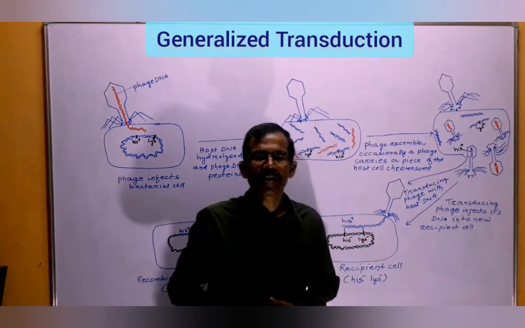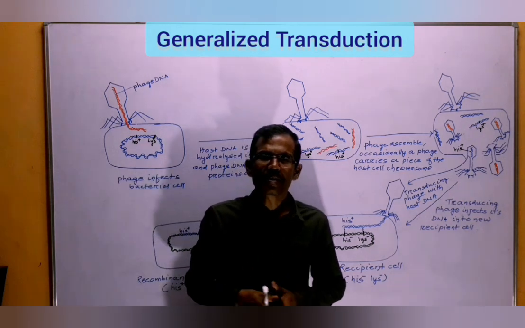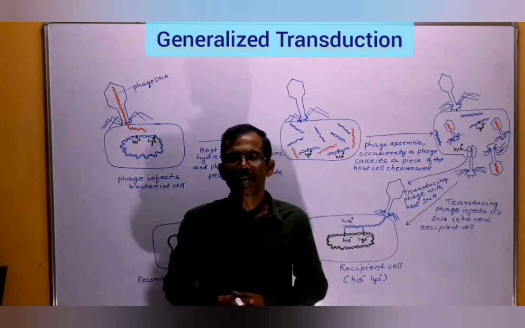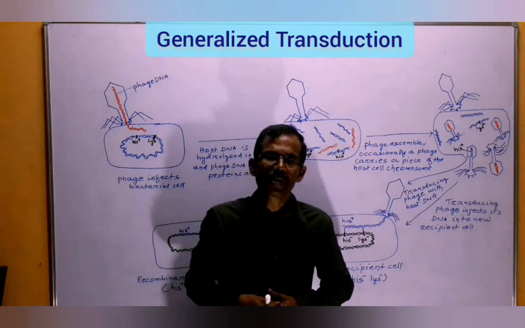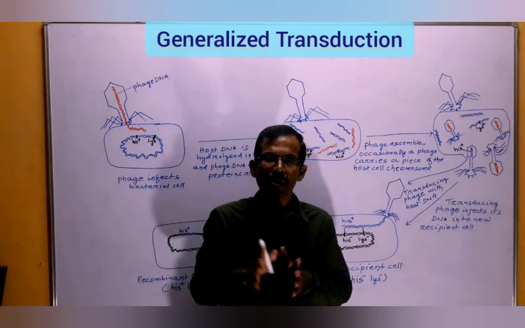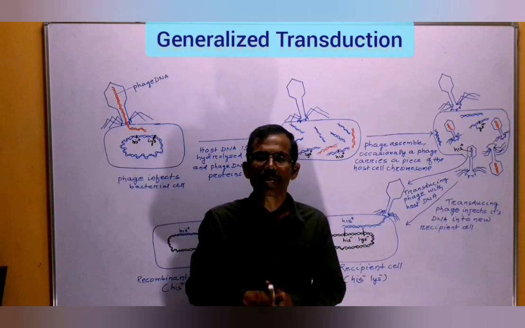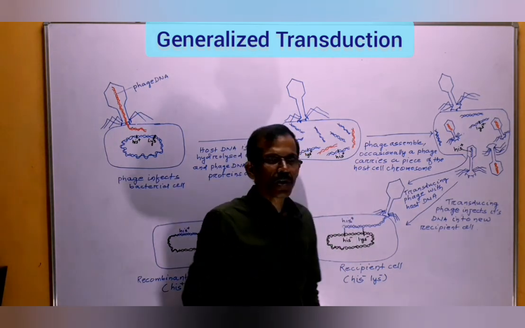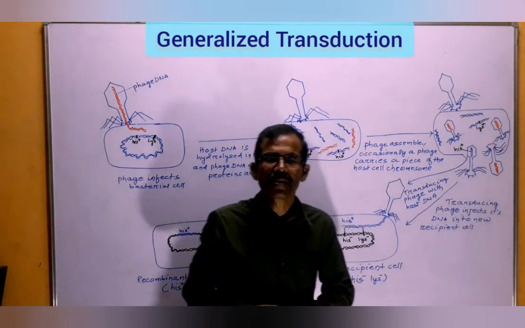As already described, in generalized transduction, about 70 to 90% of the transferred DNA is not incorporated into the recipient cell's chromosome. So this process is quite inefficient.